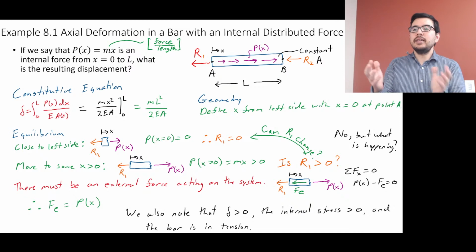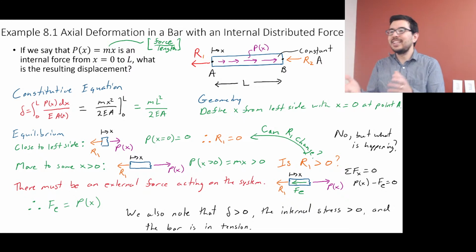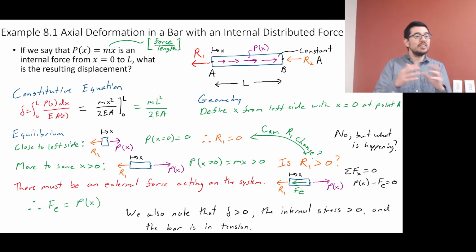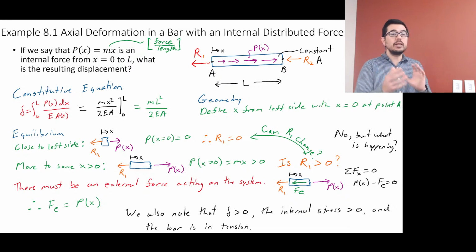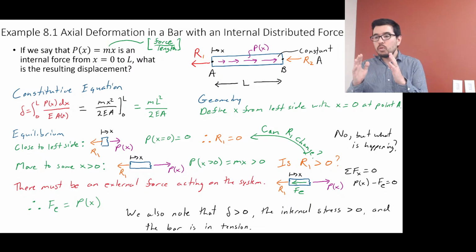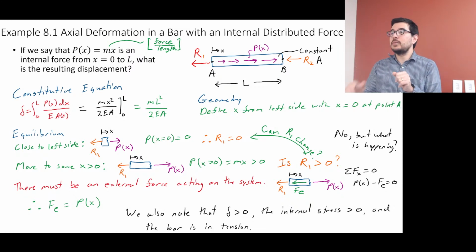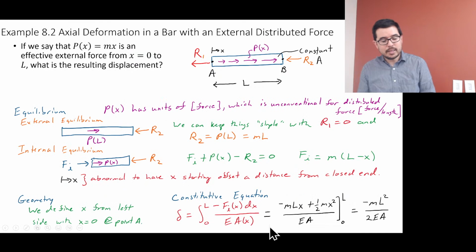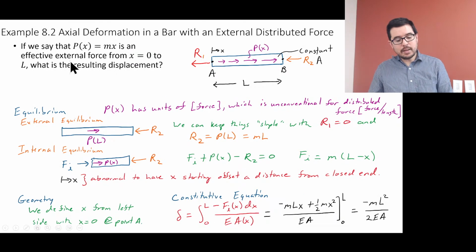So, trying to take a poorly posed problem and get some further insights into why it's important to make sure we use this constitutive equation that's been derived for us with the internal force. Okay, so let's go another step. Let's say that we're going to use P of x as an effective external force.